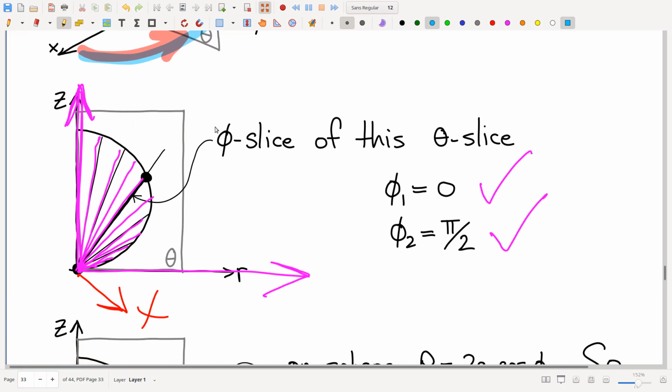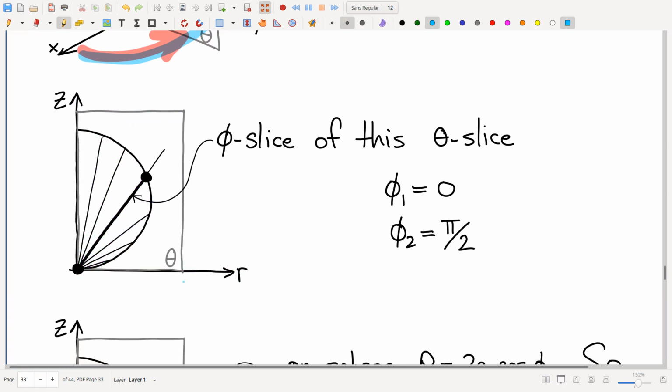Okay, 0 to pi over 2. I think everybody's good with that. And now we fix a value of phi, right? So theta is already fixed, and now we're going to fix a value of phi, let's say like this, and we want to know the starting and ending values of rho.